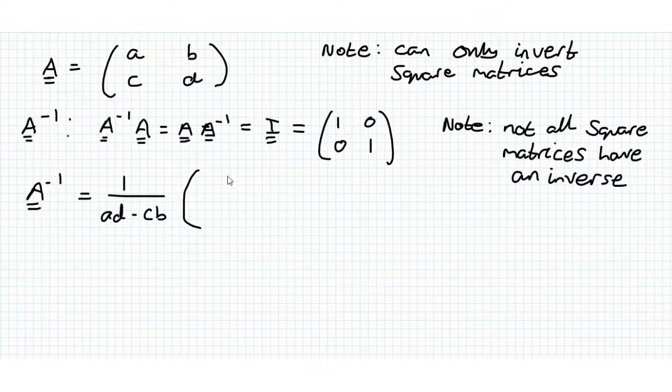And then here we swap a and d around, and we change the sign of c and b.